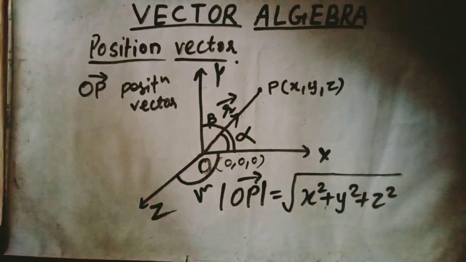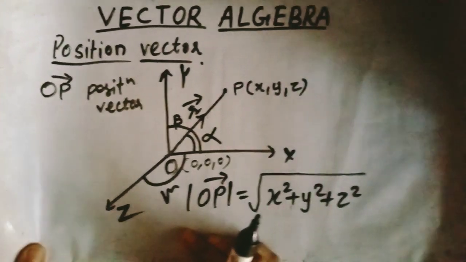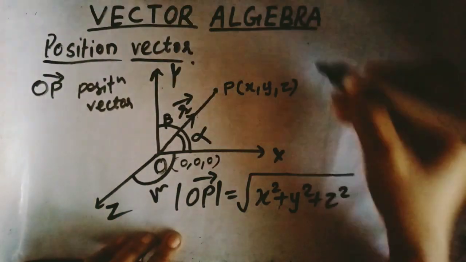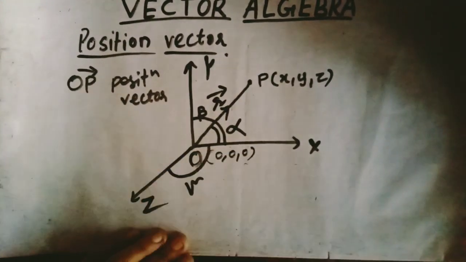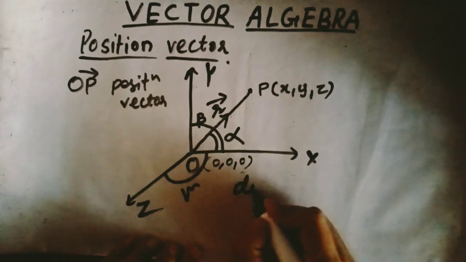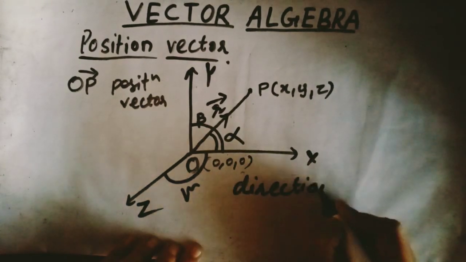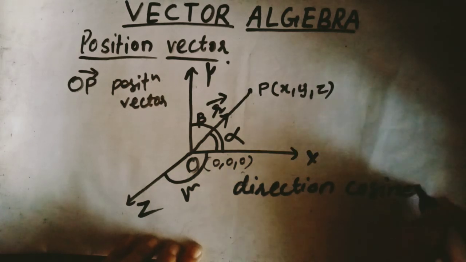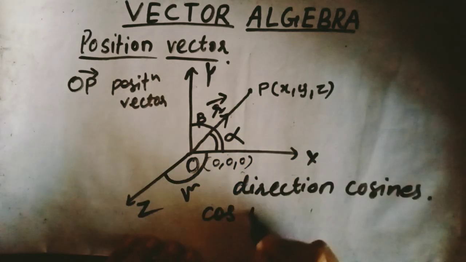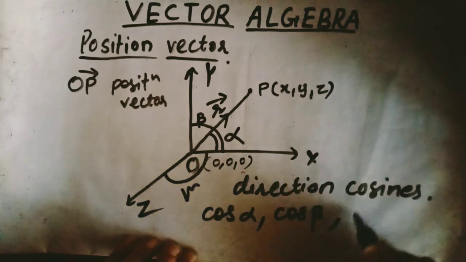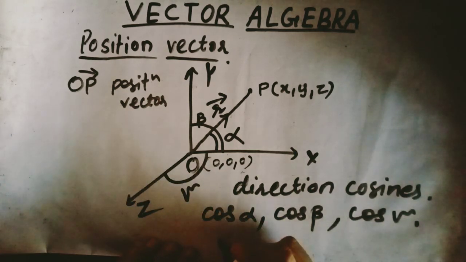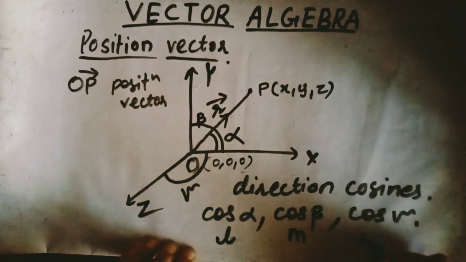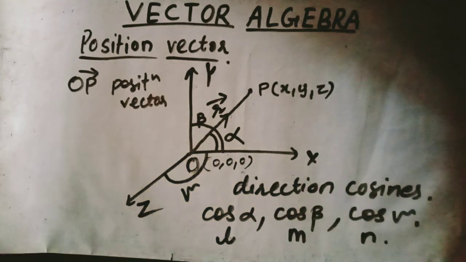Then there is a term called direction cosines. Direction cosines are given by cos alpha, cos beta, and cos gamma. These are the direction cosines, and they are usually represented by l, m, and n.